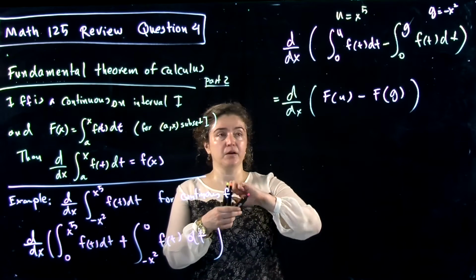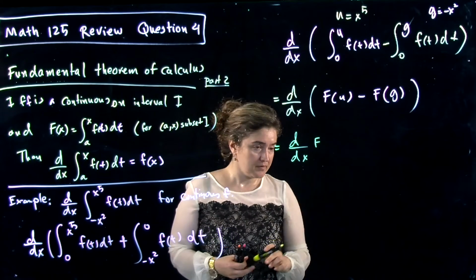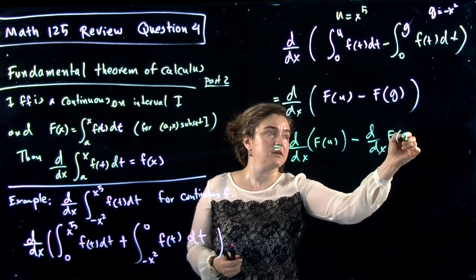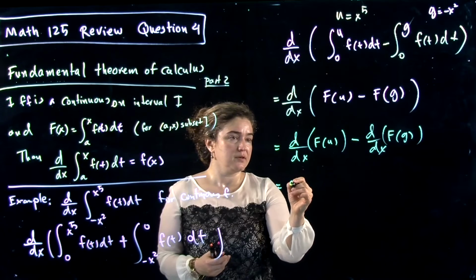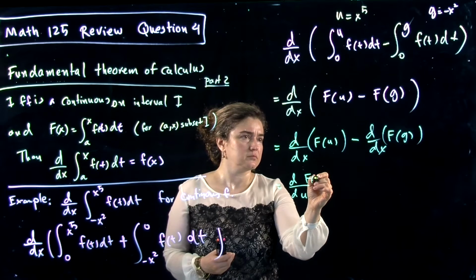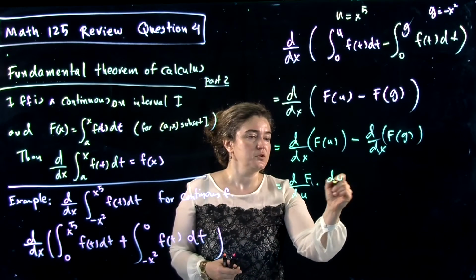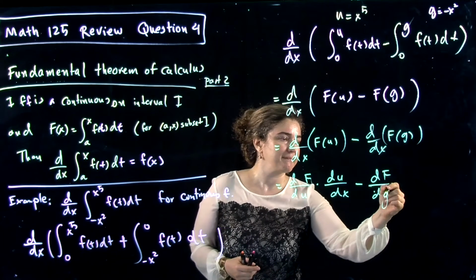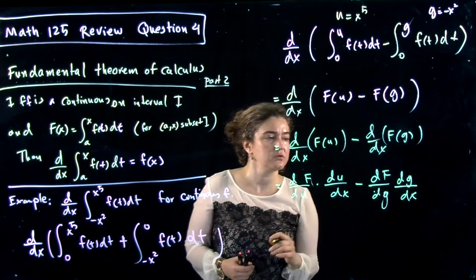So this becomes d/dx of F of u minus d/dx of F of g, and that's the derivative with respect to u of F of u, which is f, times the derivative of u with respect to x, minus the derivative with respect to g of F, times the derivative of g with respect to x.